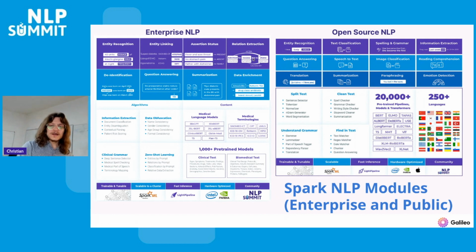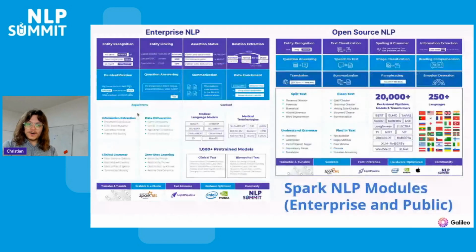And not only that, you even get more advanced features like relation extraction, assertion status, and entity linking to solve even more complex problems and gain even more value from your data. And of course, one of the core and popular features in the healthcare sector is de-identification.